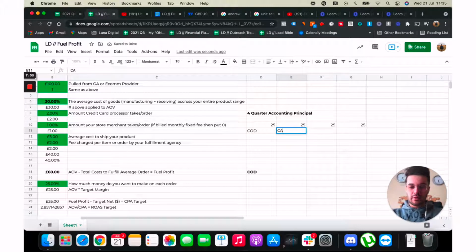Our cost of acquisition should be about 25% of total rev. Our OPEX should be about 25% of total rev, which is just the operational expenditures. That's going to be the office fees that you pay, the benefits, salaries, all these things to keep the business running and the team happy. That's going to be 25%. And then we've got 25% for profit, right?